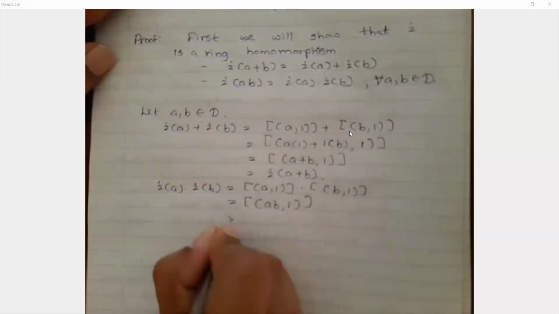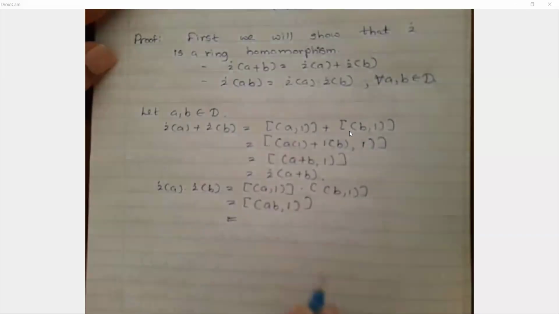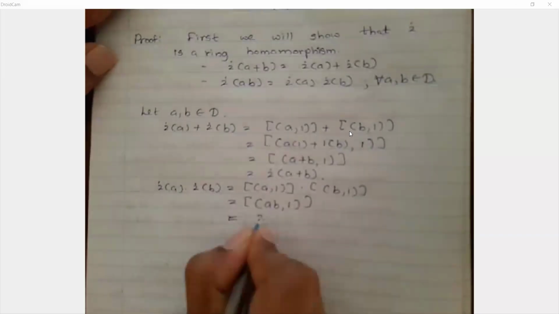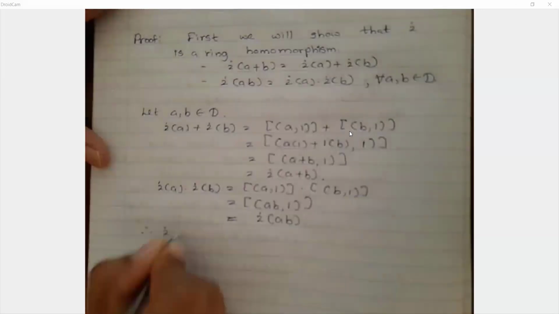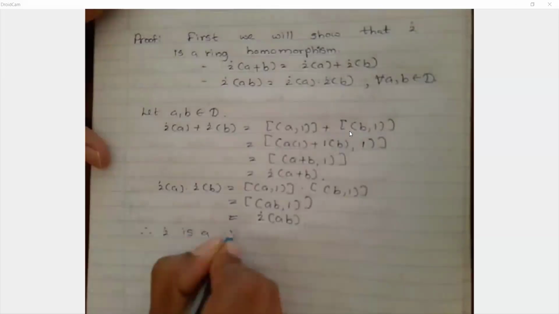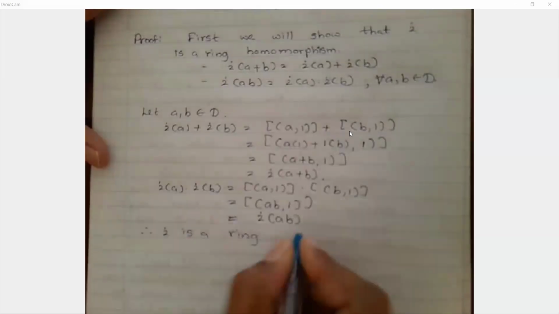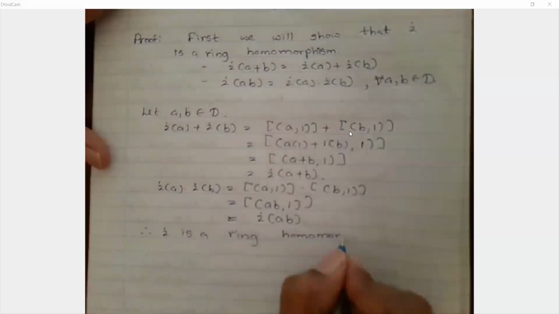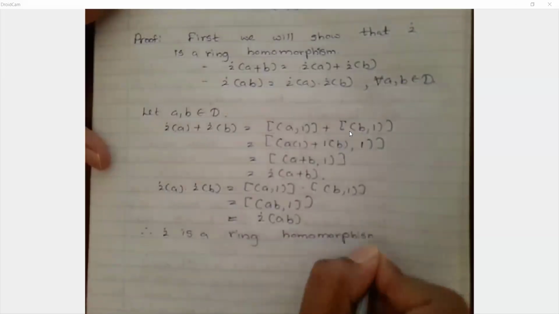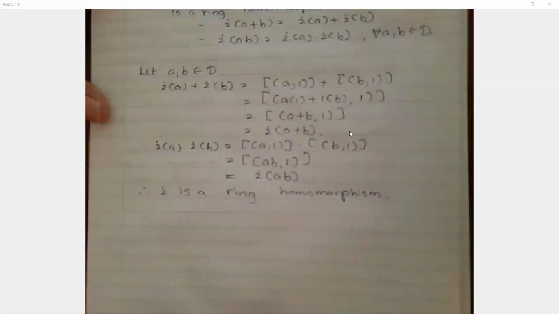Once again, the definition of I allows us to write this as I of AB, exactly what we wanted to show in the second case. Therefore, I is a ring homomorphism.